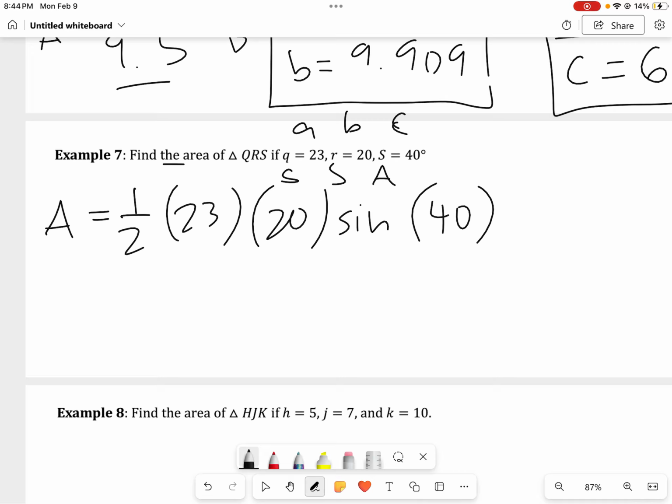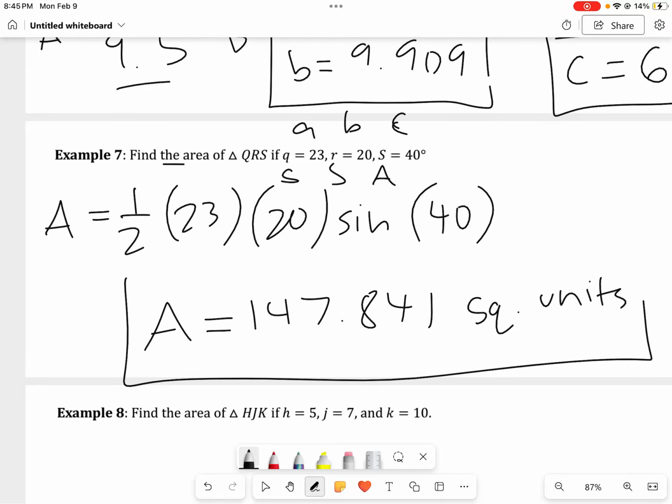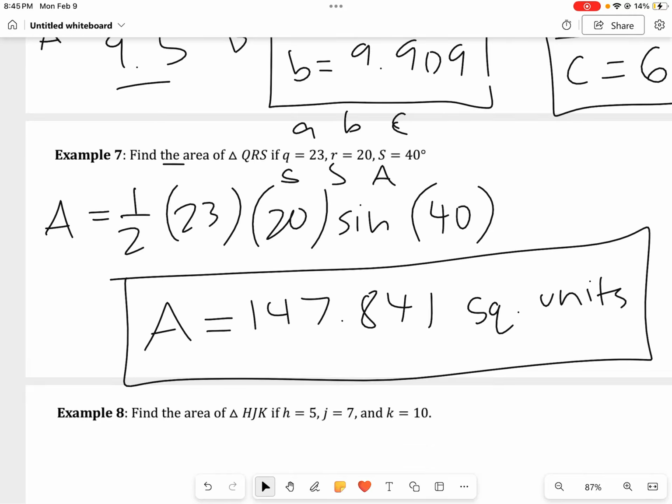You get all that out, and your area will be 147.841. I guess we can just add square units because we're not sure of its units. So good labeling skills. Okay, that one was a really quick one.